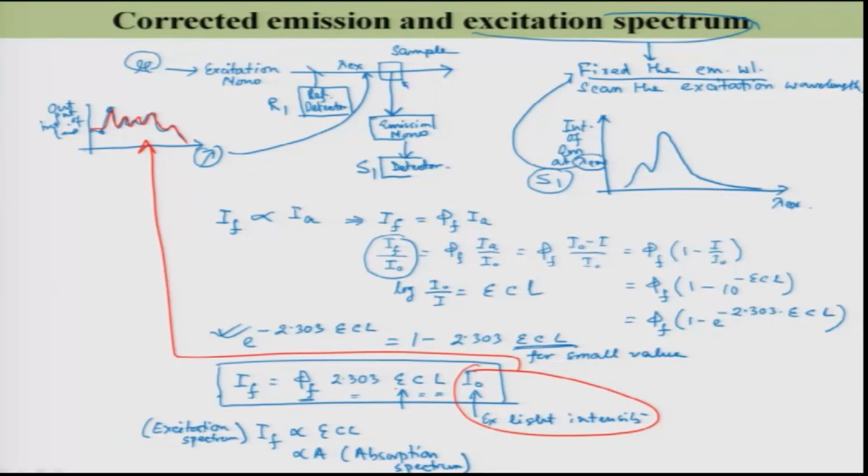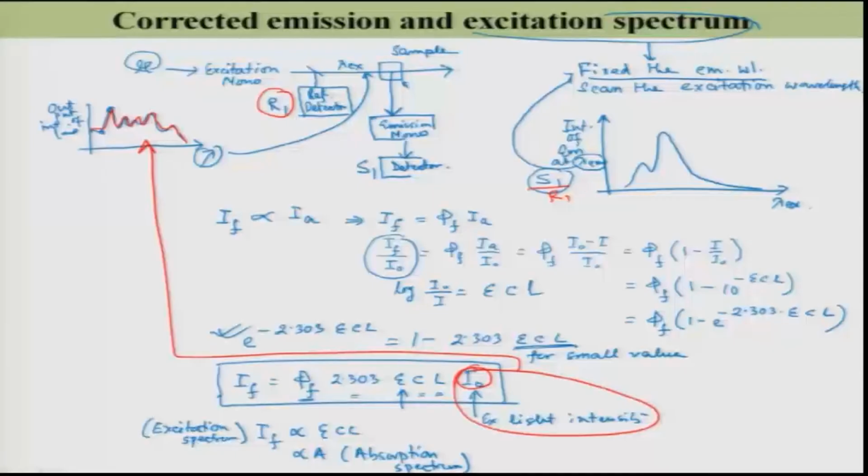So, what you have to do is use this reference detector. Now, if you do S 1 by R 1, that means you are normalizing the observed intensity at the S 1 detector with the reference intensity. That means you are somehow making this I 0 remain constant, just by taking S 1 by R 1.